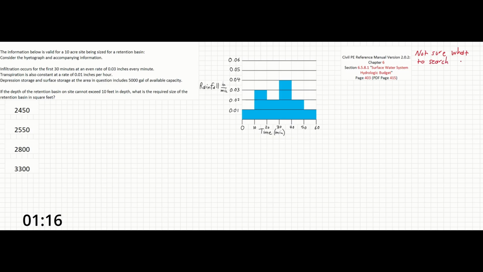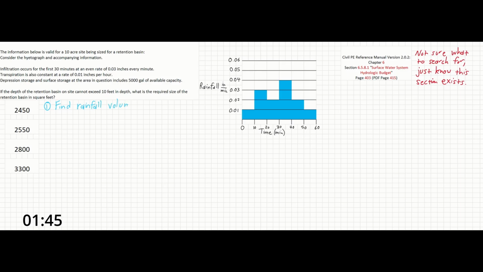Again, I don't know what you would actually search for, but it might be helpful just to know that this exists in case you want to study it or review it, so that you know where it is if you feel inspired to find it during the exam. But even without it, we can go through the terms that the problem statement gives us one at a time and find our retention basin that way.